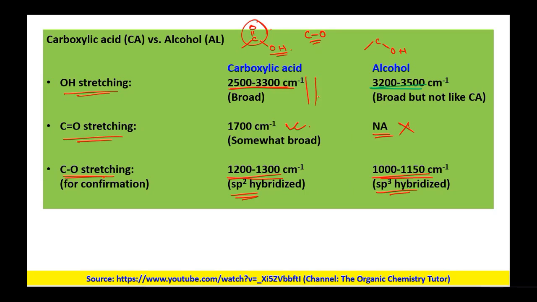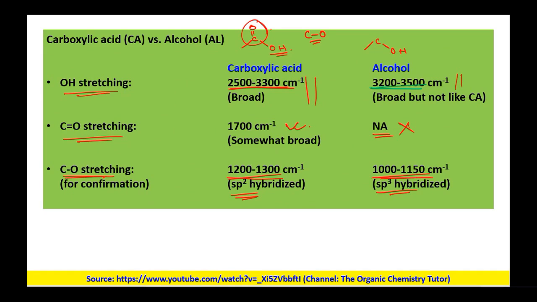So once you have detected a broad peak, you can understand there might be a carboxylic acid, whereas if it is the alcohol, you will be having the OH stretching at a higher wave number. However, the CO stretching of the acid will be at 1200 to 1300, whereas in the case of alcohol, it would be in the region of 1000 to 1150.